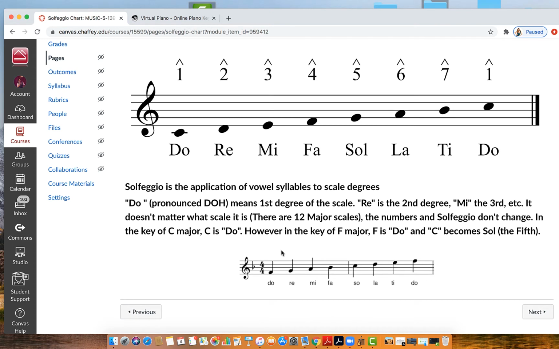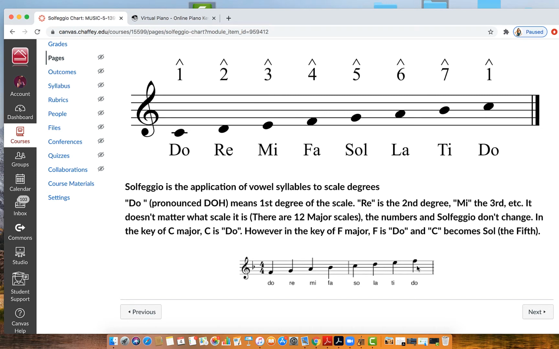So even if we change the key, here is an F scale. We are now in the key of F. An F scale is F, G, A, B flat, C, D. We still call it do, re, mi, fa, sol, la, ti, do.